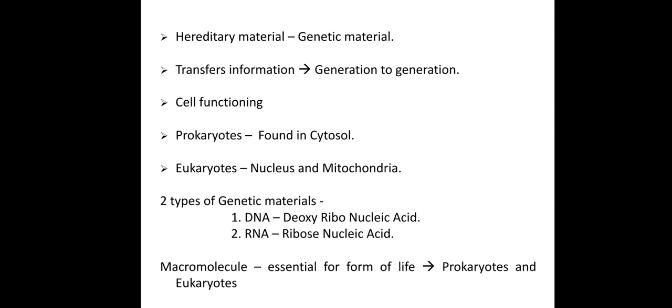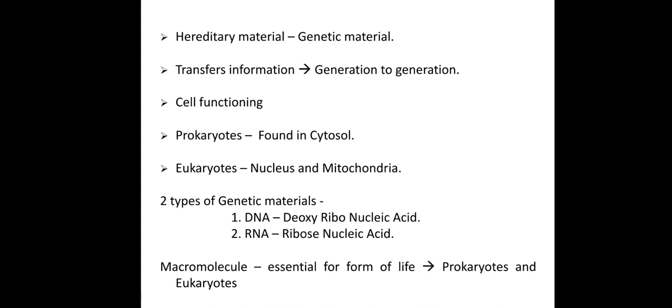Whereas in eukaryotes, the genetic material is present in the nucleus, and the nucleus is surrounded by a nuclear membrane. So that is the basic difference between prokaryotes and eukaryotes. In prokaryotes, the genetic materials are present in the cytoplasm, whereas in eukaryotes, they are present in the nucleus. Not only in the nucleus, they are also present in the mitochondria.